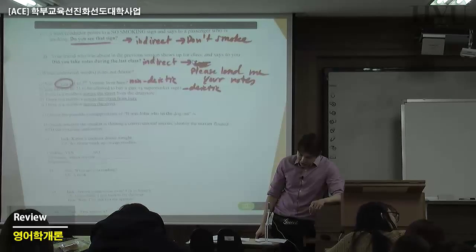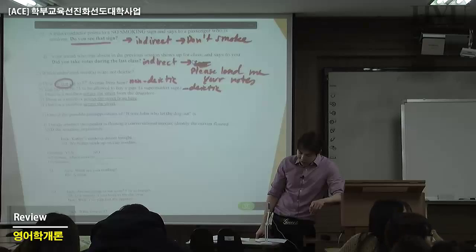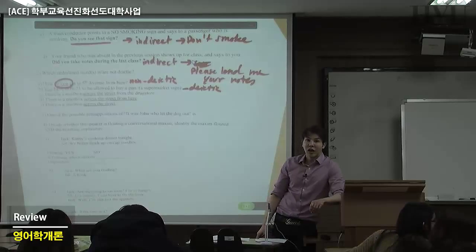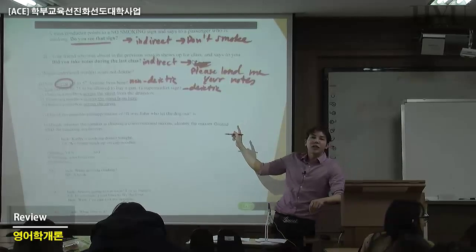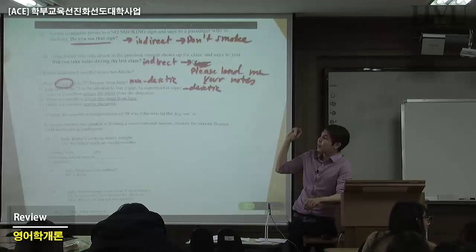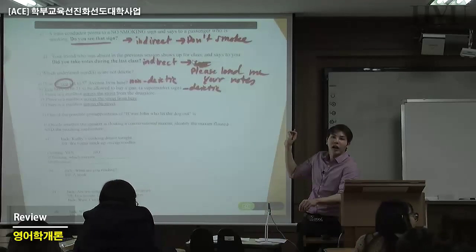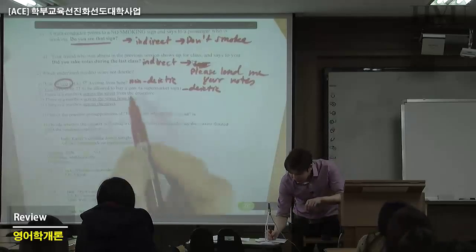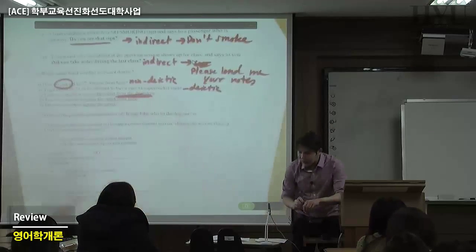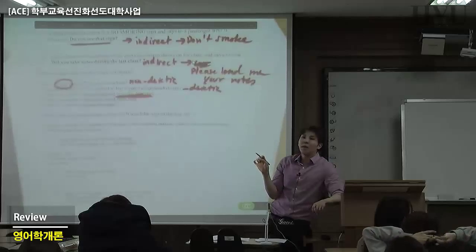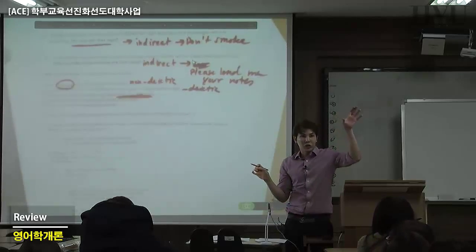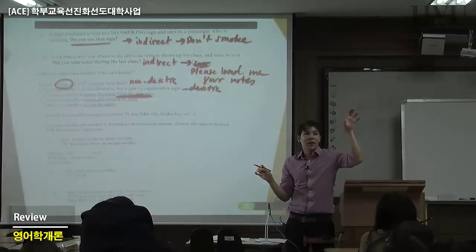Number 3, there is a mailbox across the street from the drugstore. Across the street, in this case, does the referent change or not? The center point is the drugstore, right? So you have the drugstore as the reference point.